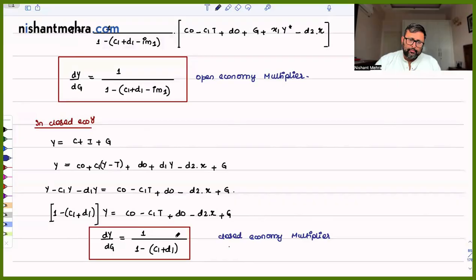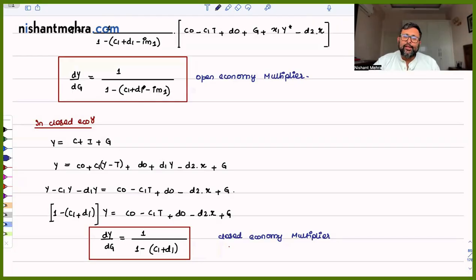Now, if you look at it carefully, can we generally assume that C1 plus D1 would be greater than IM1? In general, we can assume that. Not necessarily true, but in general, yes. C1 plus D1 would be the proportion of income which is spent on goods produced in the domestic economy. IM1 is the proportion of my income which is spent on foreign goods, right? So it is the import propensity.